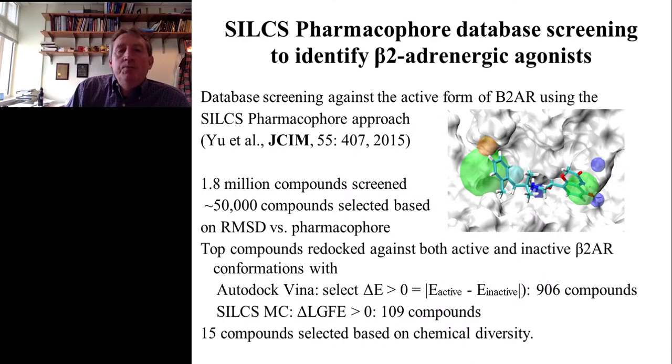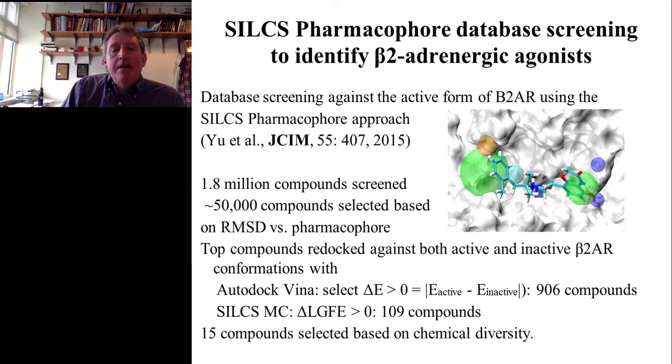So we applied what we called the SILCS pharmacophore methodology, where we can take the fragment maps and convert them into pharmacophore features. You can see this would correspond to, say, positively charged maps, hydrophobic maps, hydrogen bond donor maps, and so on. We can then do a computational database screen to identify compounds that will have the different structural features which we've determined from the SILCS fragment maps and then converted into what we call a pharmacophore.